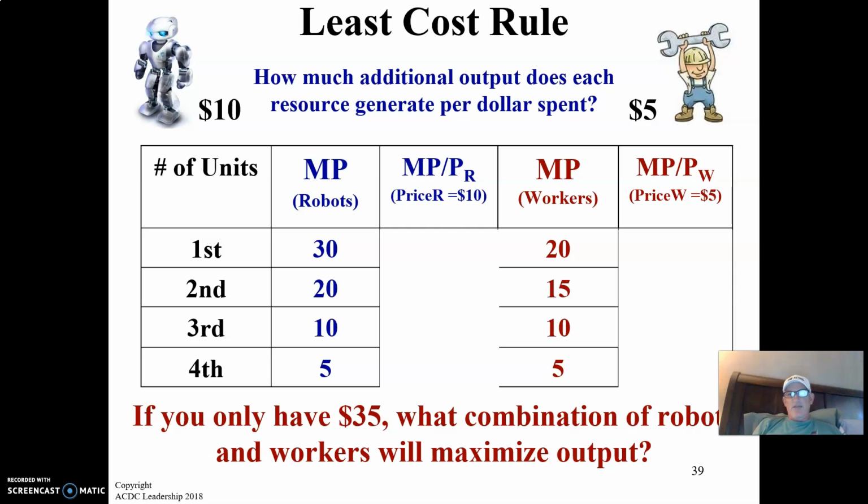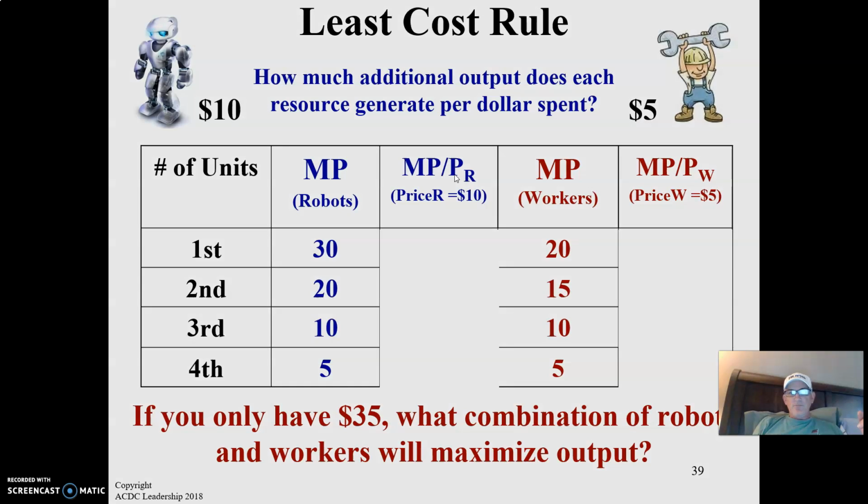One thing we've got to be able to do is compare apples to apples here. If a robot costs us $10 and they produce so much, how much are they producing per dollar? So we're looking at the marginal product per dollar.